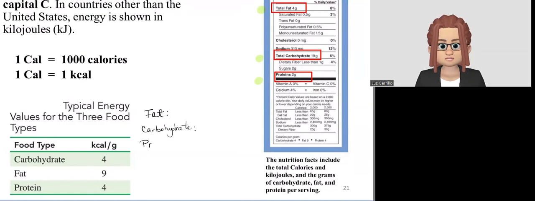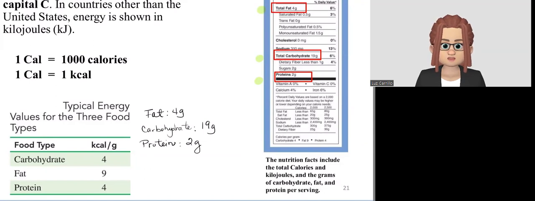Lastly, we have protein. So the first thing that we do is that we write down the amounts that we have for them in the food label. So we have 4 grams of fat. We have 19 grams of carbohydrate. And lastly, we have 2 grams of protein.